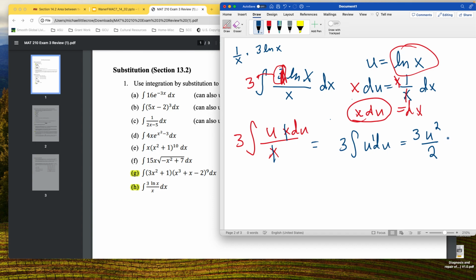It's up in the numerator, plus a constant. If you forget the plus a constant, again, if you can integrate, you'll be fine. But if you remember, that's good too. It should be there. And then now we back substitute. What was u? U was natural log of x. So our final answer is 3 natural log of x squared over 2 plus a constant.